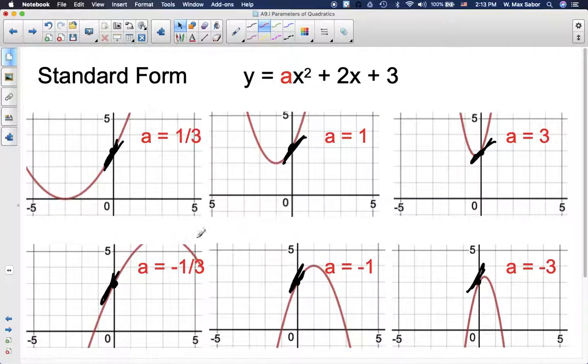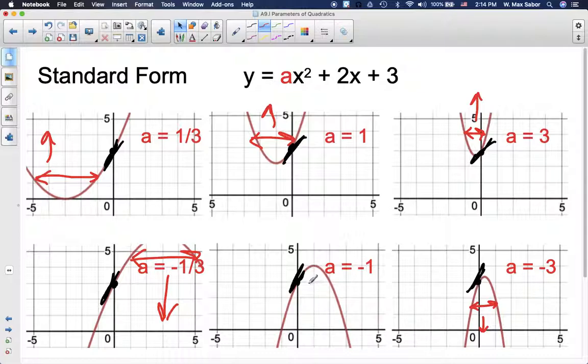What changes here, there's a lot of things that change, but one of the things that is going to be the most obvious is the width and direction of this parabola. So the width is changing and the direction, now this is going down. These were all opening up, but these are getting wider and opening down.